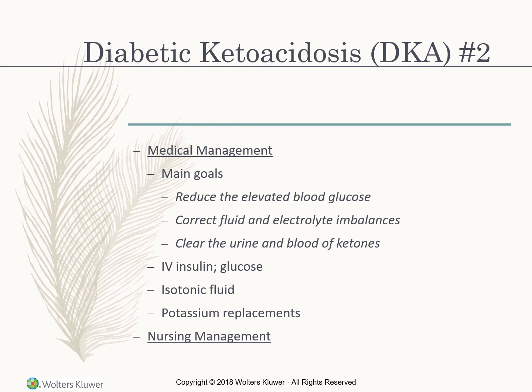We can also insert an indwelling catheter and monitor urine output to make sure that the replaced potassium has a means for excretion, check their serum electrolytes, do some cardiac monitoring with cardiac leads, monitor their blood glucose levels frequently, and monitor their urine for the presence of ketones.